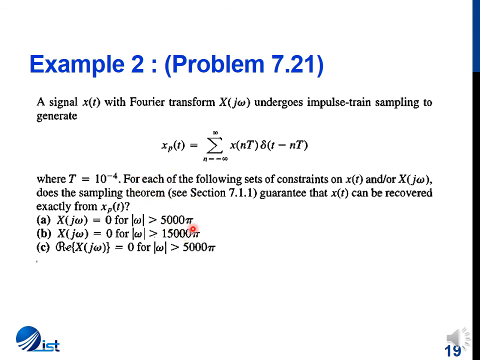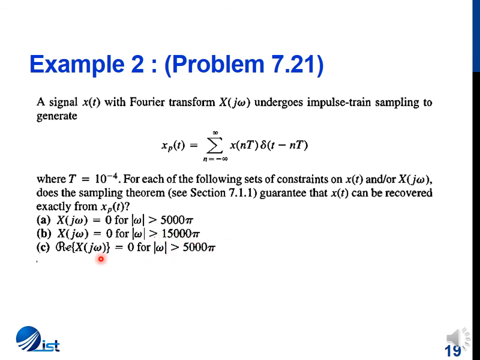Now for the first signal, we are given that the signal is band limited and the maximum frequency is 5000 pi. Beyond 5000 pi, the signal is 0. For the second signal, the signal is band limited and the maximum frequency of the signal, omega m, is 15,000 pi.